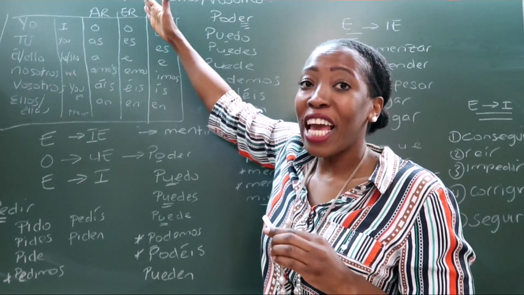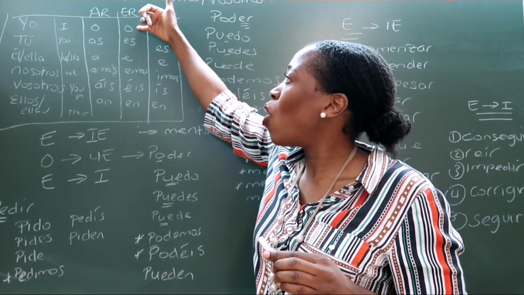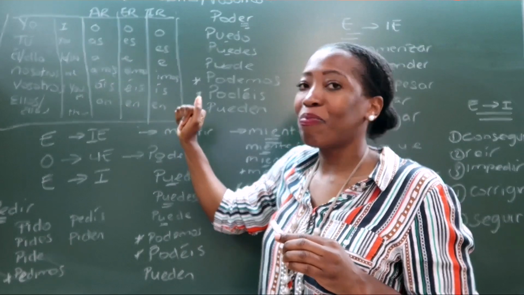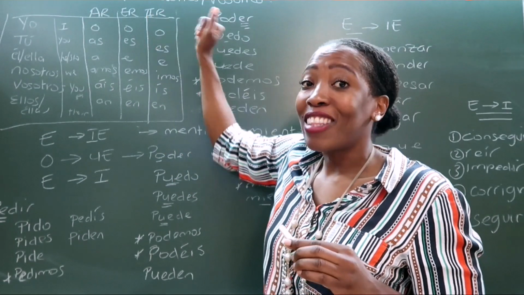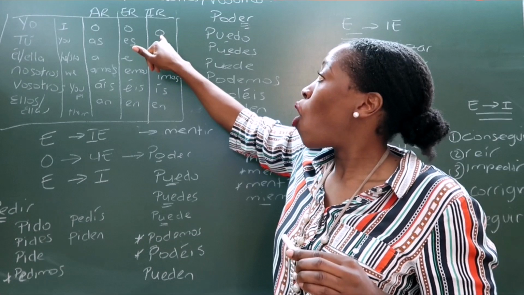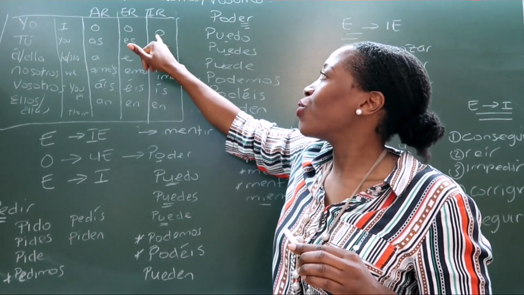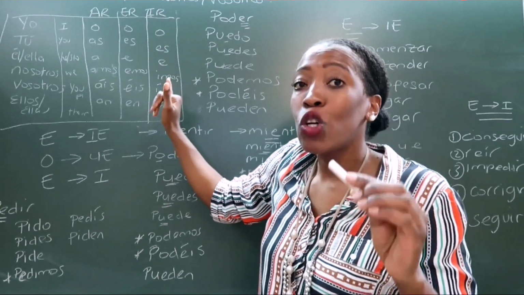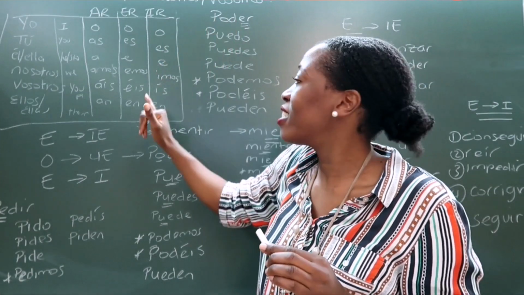For the ER, you take off the ER and you add o, es, e, emos, éis, en. Now there's an IR, the same thing. You take off the IR and you'd add o, es, e, imos, ís, en. Don't forget your accents.